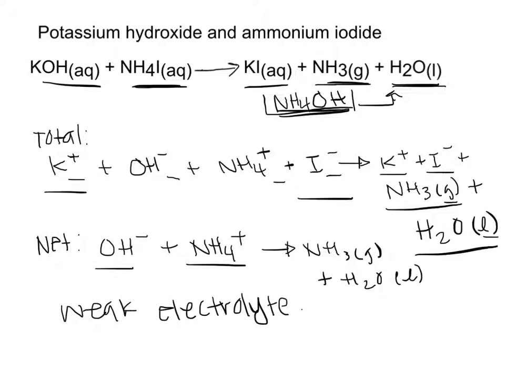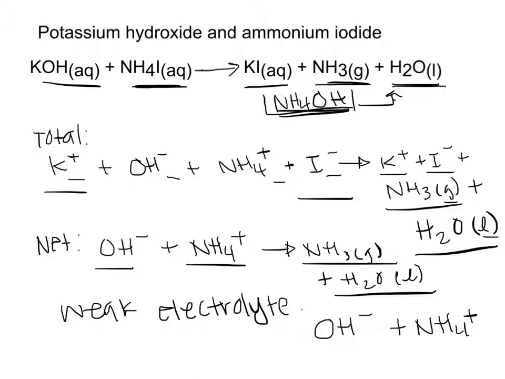Okay, now the predominant species in solution is going to be ammonia molecules and water molecules, right? But there are going to be very, very few hydroxide ions and ammonium ions. Okay, so again, key points to this are, know your solubility rules, pretty much.